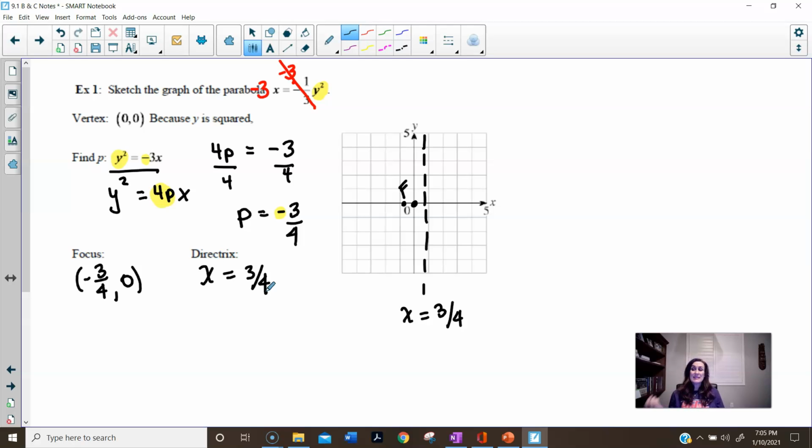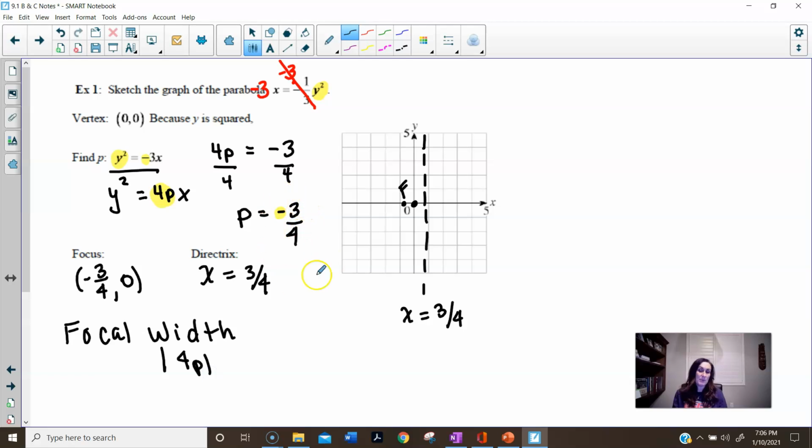Okay, so now we are ready to draw our parabola that opens up to the left. Here's something that's kind of cool, and it's called the focal width. The focal width is going to be the width of the parabola through the focus. The width of that parabola is going to be the absolute value of 4p.